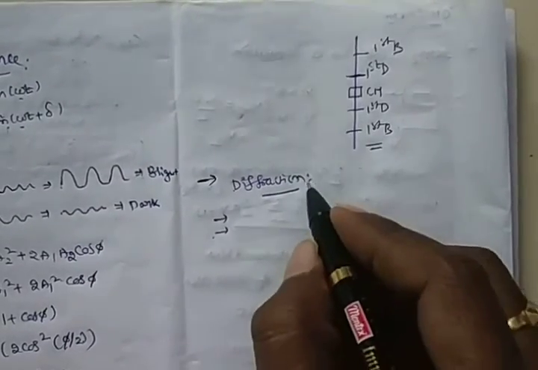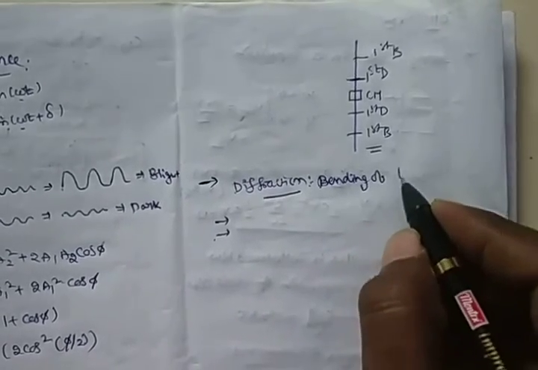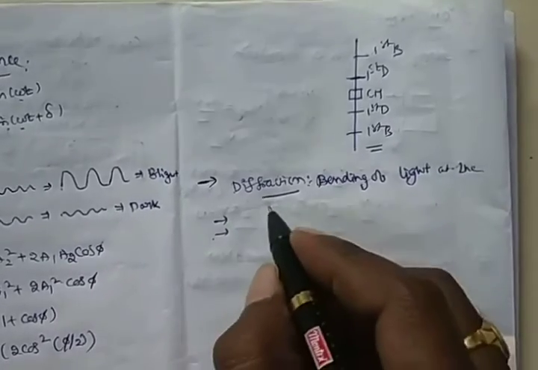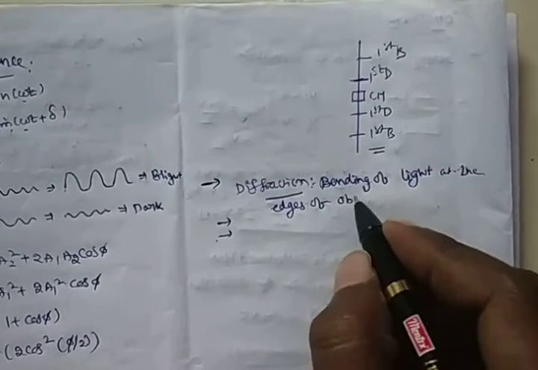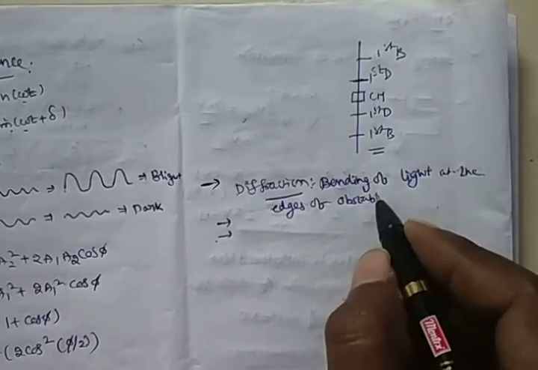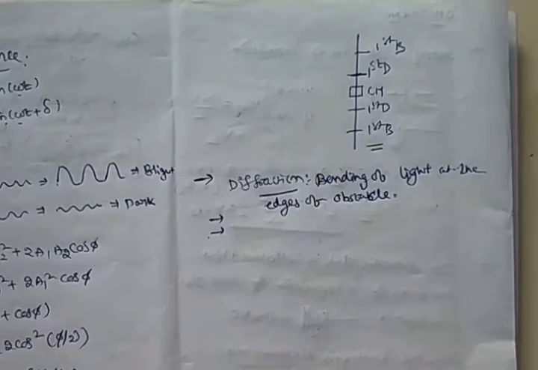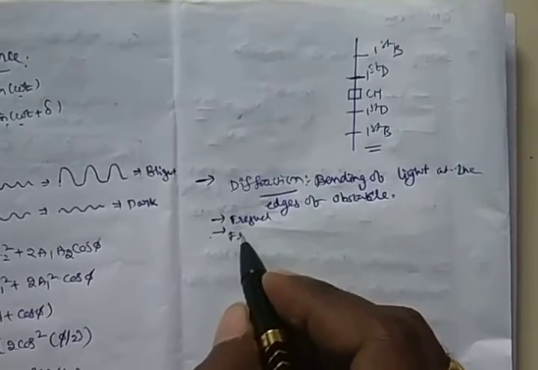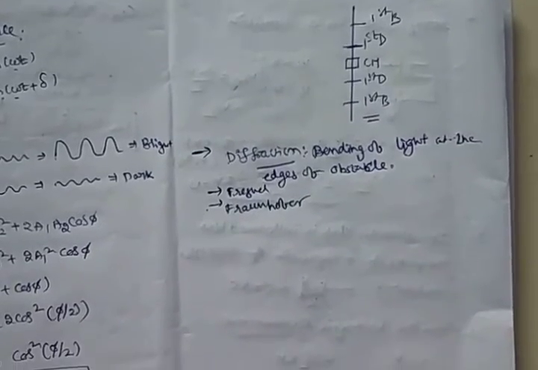What is meant by diffraction is bending of light at the edges of an obstacle, for the encroachment of light. There are two scientists who observed this: first Fresnel and second Fraunhofer.